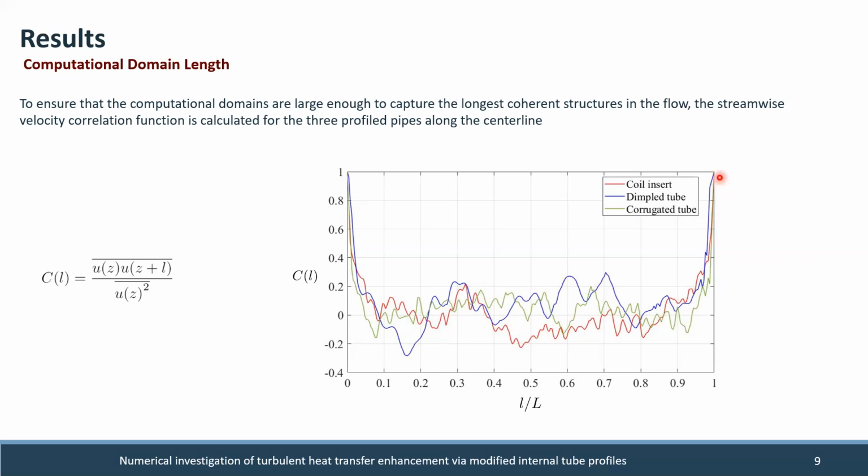And here at the end, close to the outlet, again, it reaches 1, which makes sense because, as I discussed in the boundary condition part, we map the velocity and temperature from outlet to inlet. So it makes sense that at the outlet, we have a totally correlated velocity with the inlet. So we can see that the lengths of the domains for all the three cases are long enough.